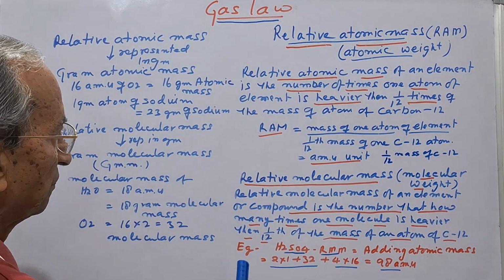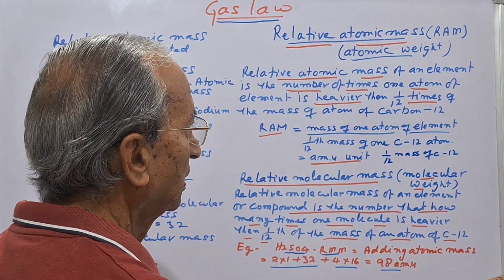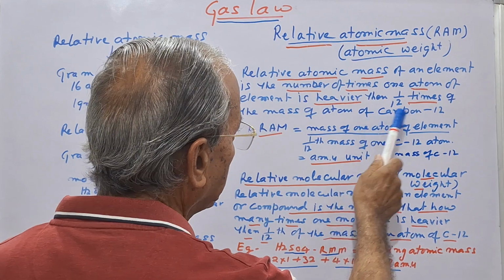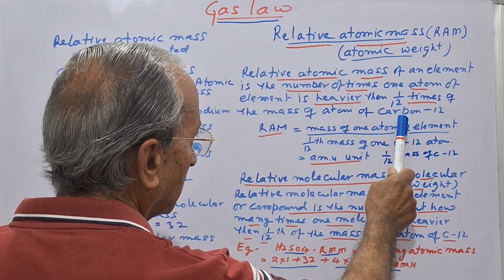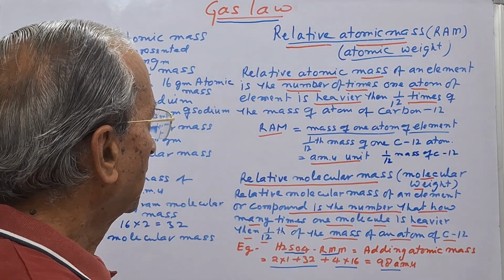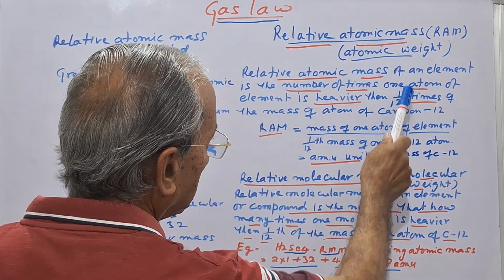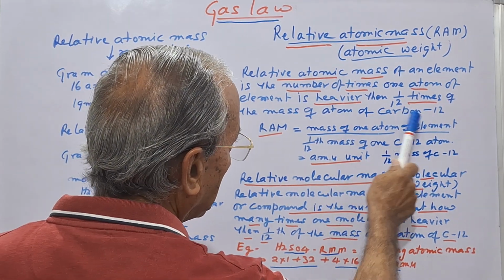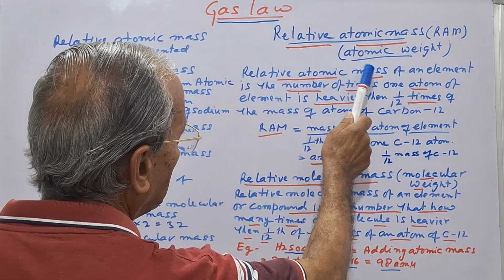Again, listen: how many times an atom is heavier than 1/12 of the mass of the atom of carbon 12. It means 1/12 of carbon 12 is taken as a standard. So if we compare the atomic mass with 1/12 of carbon 12, that is the relative atomic mass.